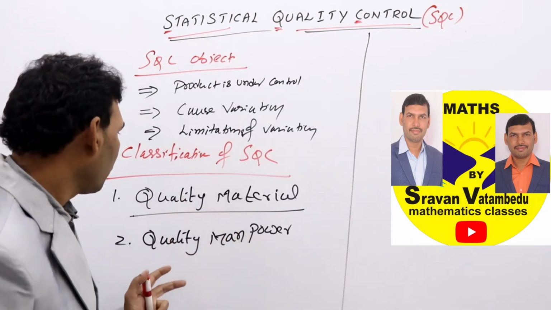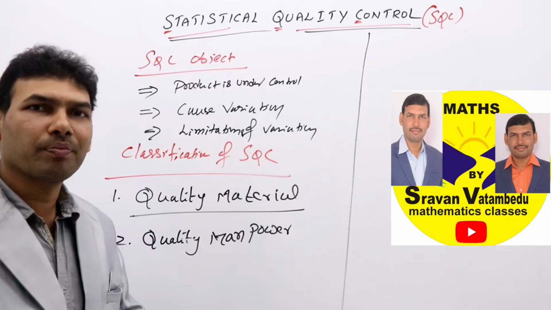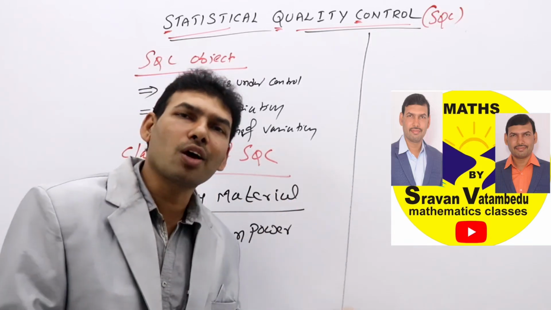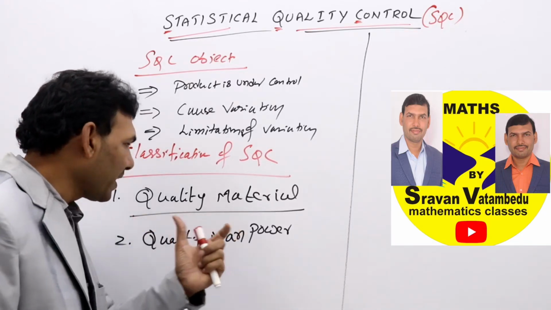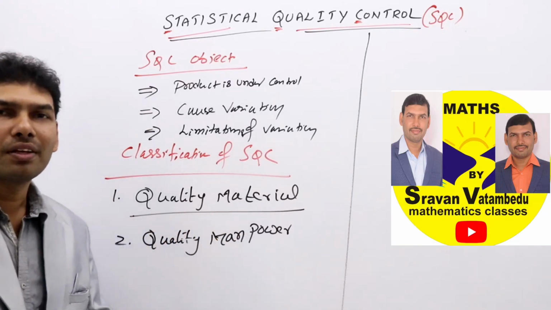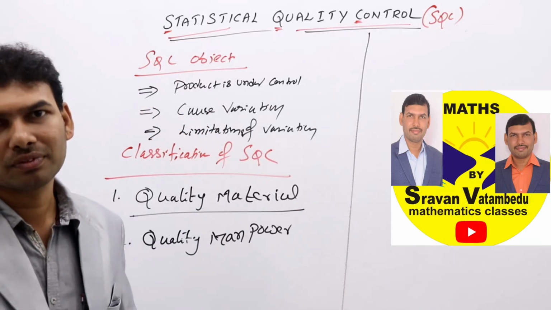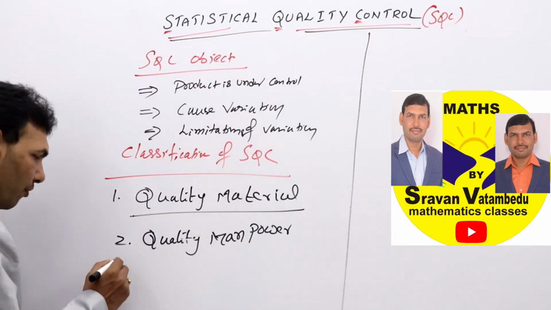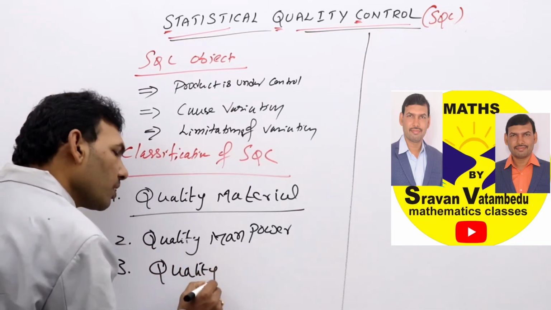They will do the verifications in the correct way. They will check whether the process is under control or out of control in the correct manner. So experienced, trained manpower is needed.